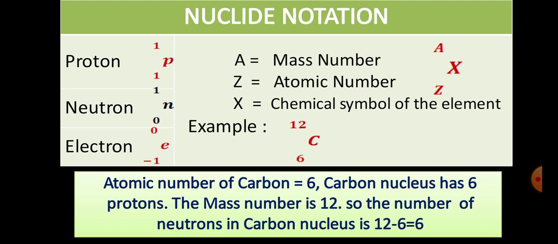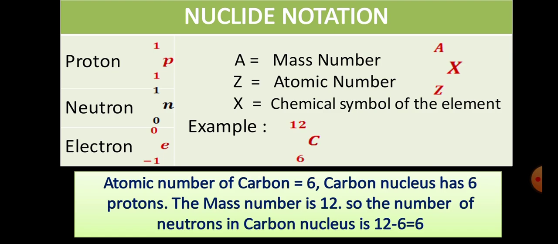Next, look at the superscript. It will give you the total number of protons and neutrons present in the nucleus of the atom of that particular element. Now, when you subtract the value of subscript Z from superscript A, you will get the number of neutrons present. In the example of carbon-12, with A equal to 12 and Z equal to 6, the chemical symbol of carbon is capital C. First, you need to see the subscript.